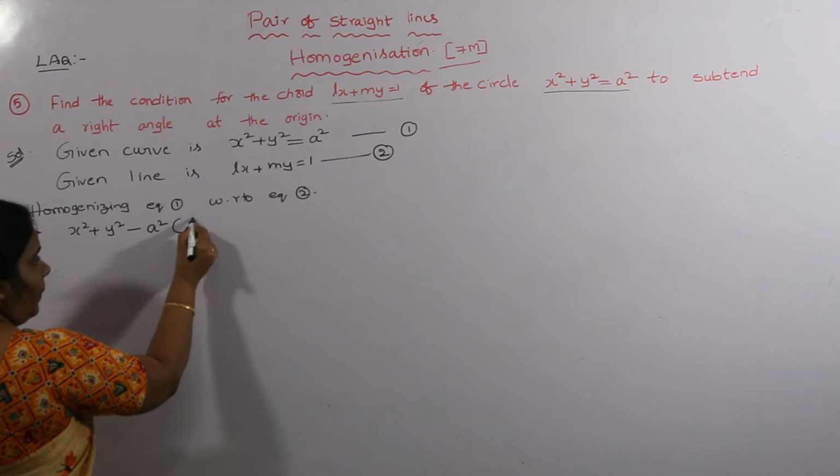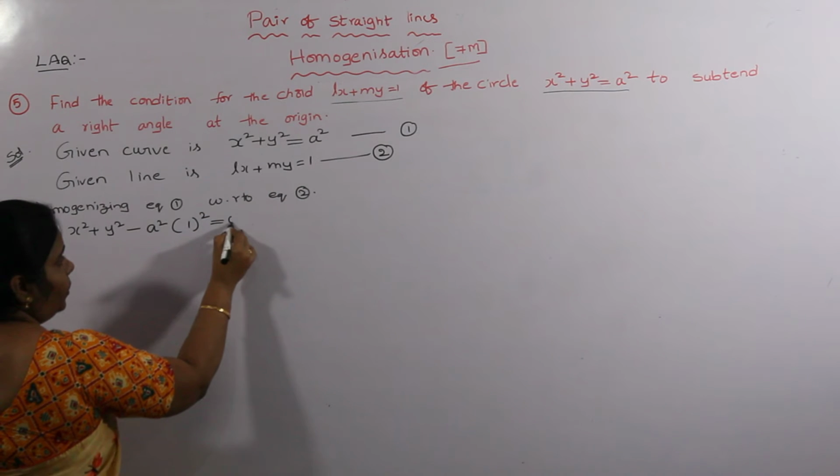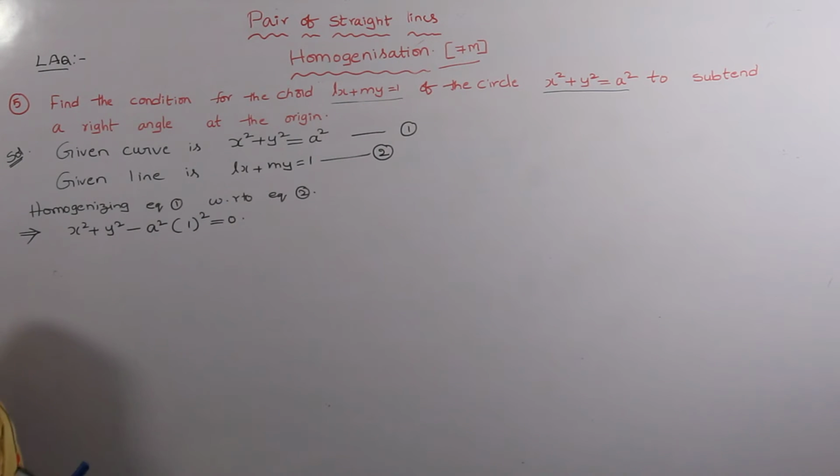So we make the powers equal. Homogenizing equation 1 gives x square plus y square minus a square, where a square is transferred to this side. Here power 2, and the constant has power 0, so we make it power 2. Now it becomes a homogeneous equation, having equal powers.